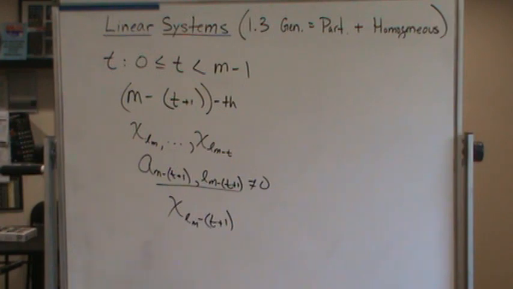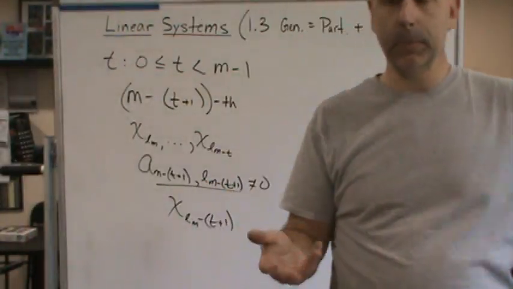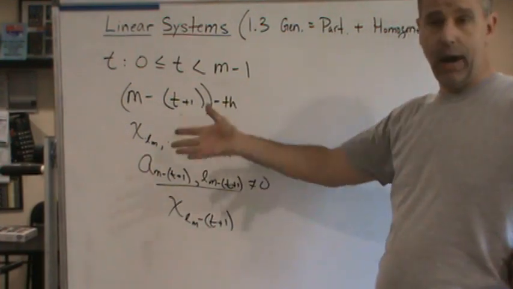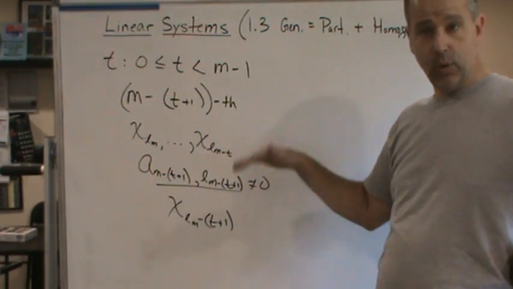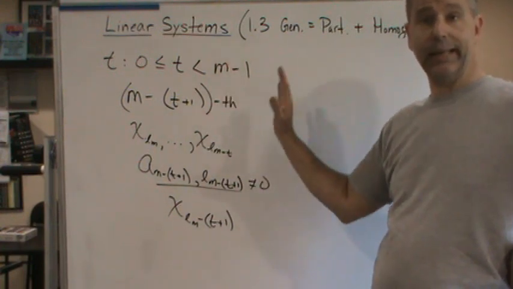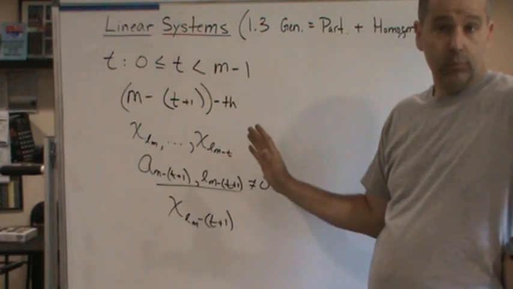And then of course what we've done is that we can parameterize solution sets using free variables, right? Which is sort of what we've been doing. We've been using the echelon form, and then we parameterize each one of the equations in terms of the free variables, and then we've been writing it in this vector form, right?